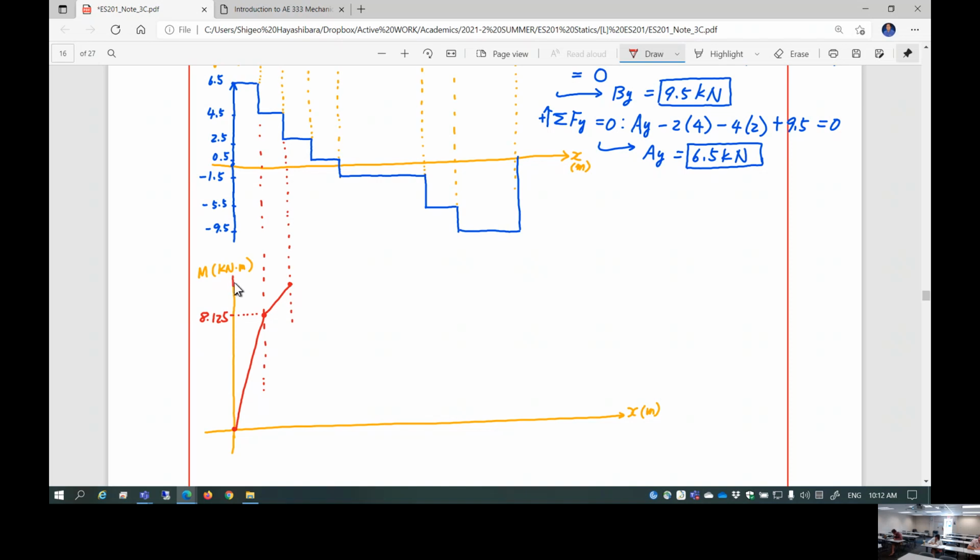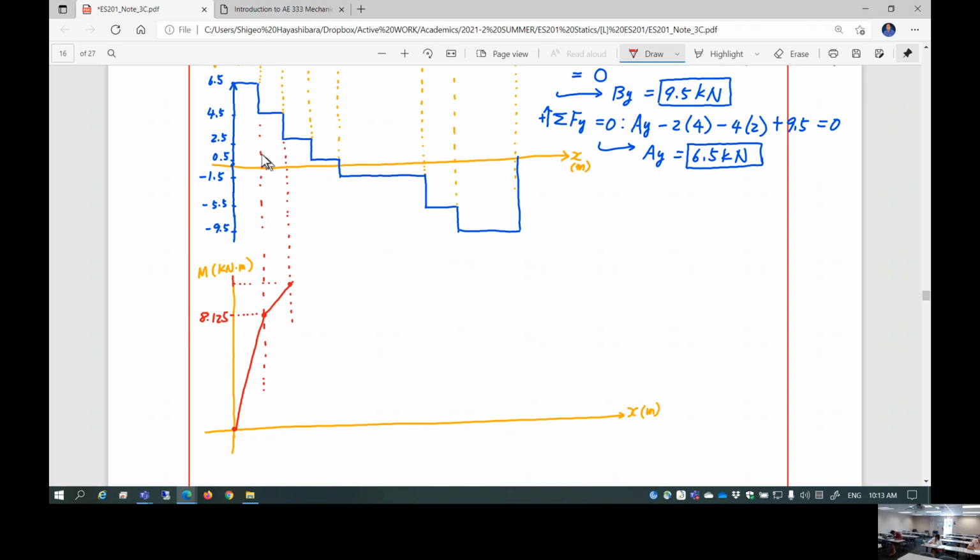Then you can tell this value, right? So 8.125 plus what?